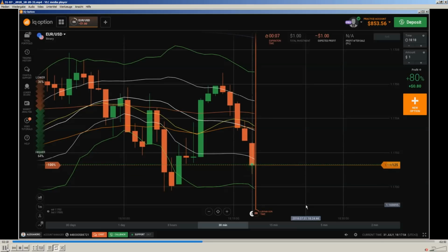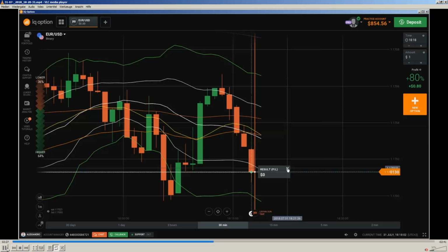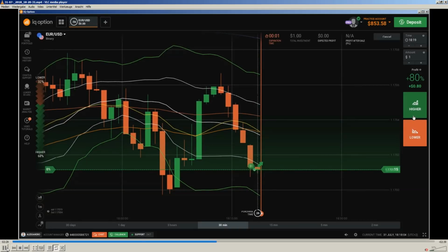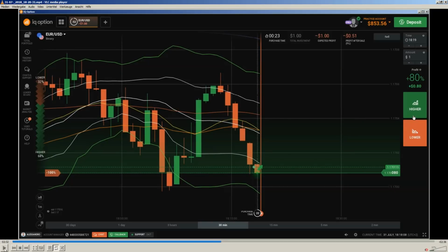And in the last seconds, you see how price is retracing back, and then it was a draw. I don't know why, but then I understood immediately that price will go up, because this wick here showed me, first of all, that this candle closed exactly on the draw, on the level where I entered before.